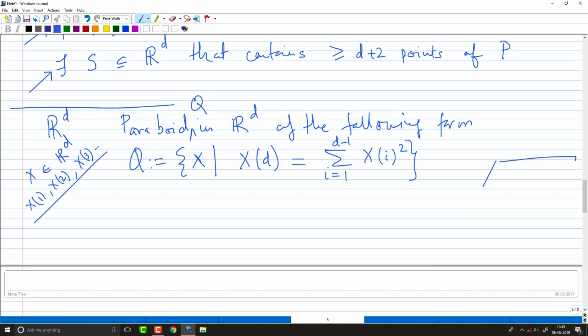If I have to draw, you can think of this axis as x_d, the paraboloid, and this is the origin, so it looks like this. This is basically R^(d-1). So I am associating the first d minus 1 coordinates with R^(d-1).